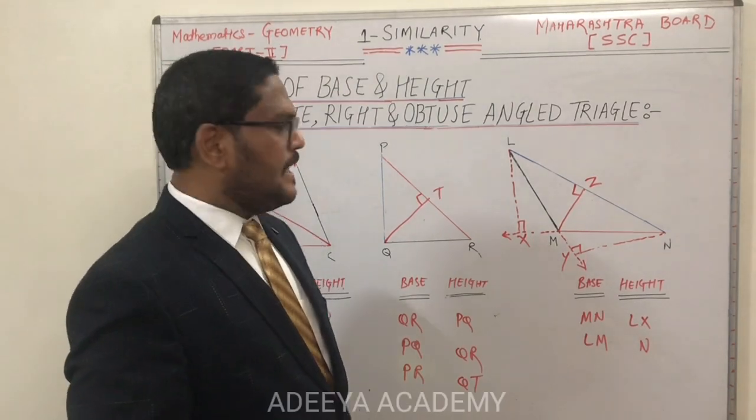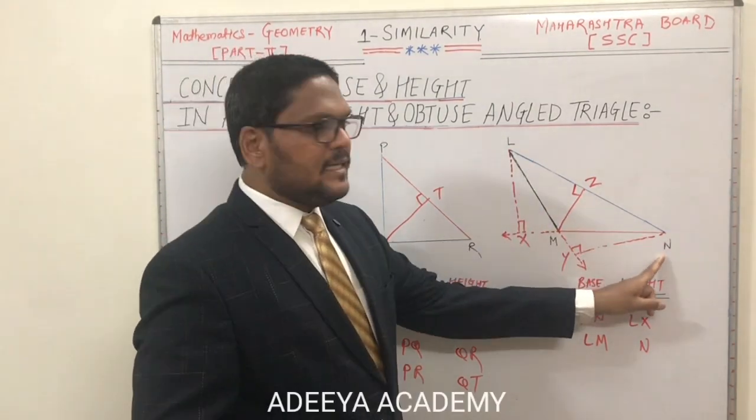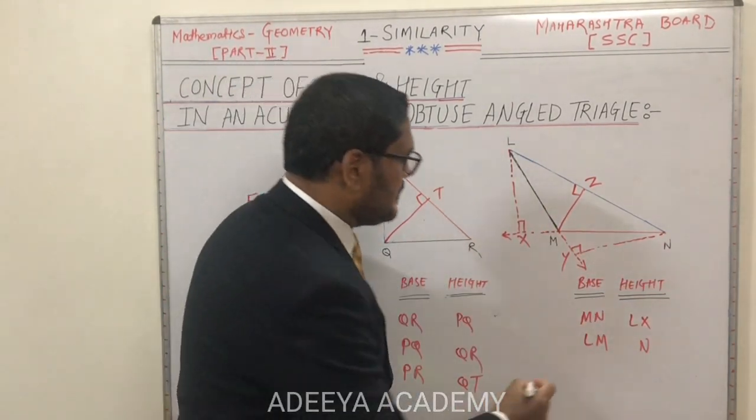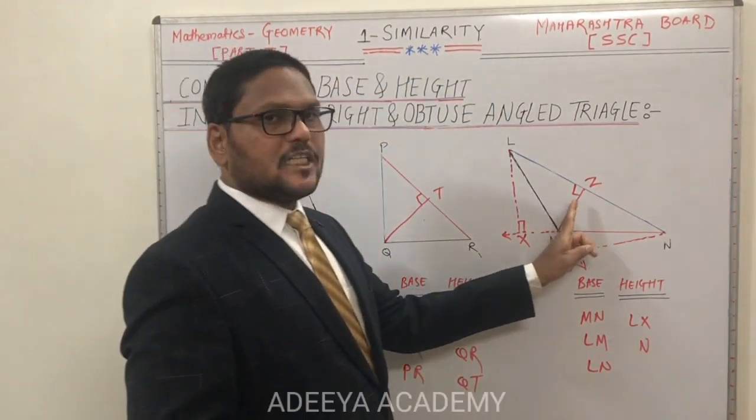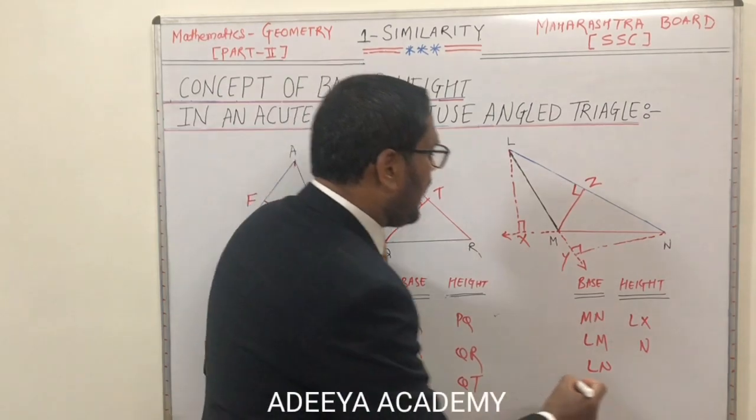Now we can say that LN is a base and its corresponding height is MZ.